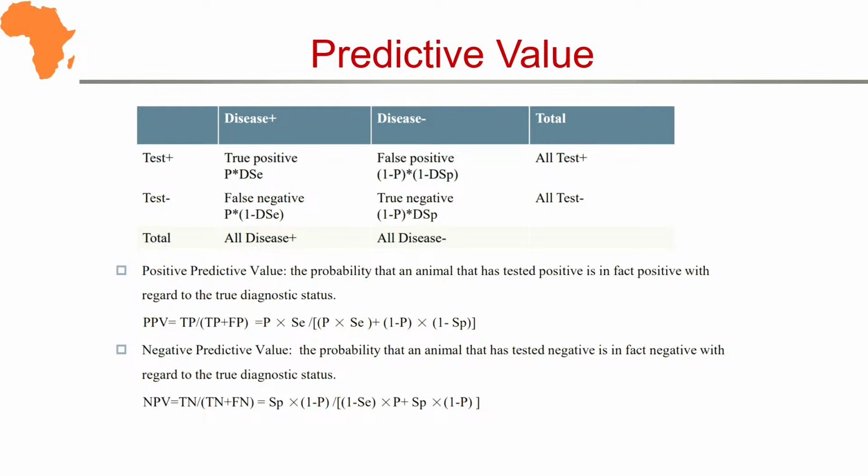Negative predictive value, we know it's true negative. True negatives are 1 minus P, prevalence, times specificity. We can also write that as specificity times 1 minus prevalence. This is divided by true negatives plus false negatives, which is P times 1 minus sensitivity.